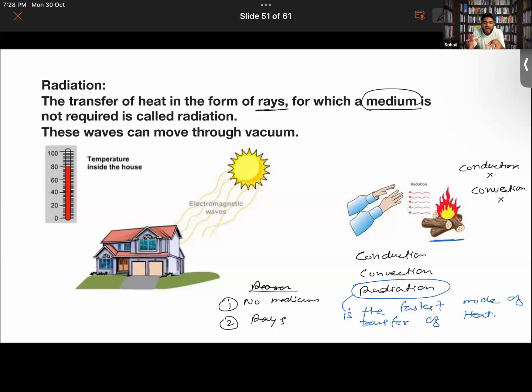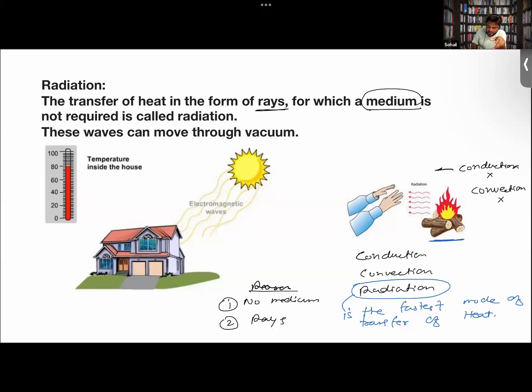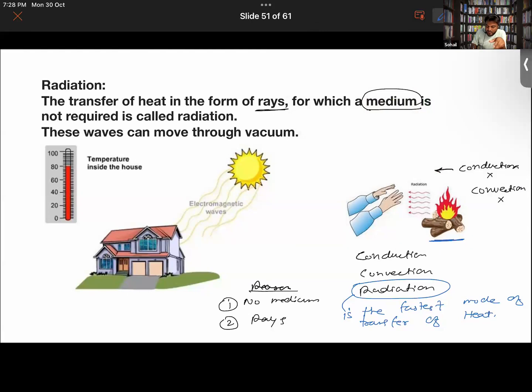Why can heat not actually travel to us via the process of conduction? Anyone who can explain to me?